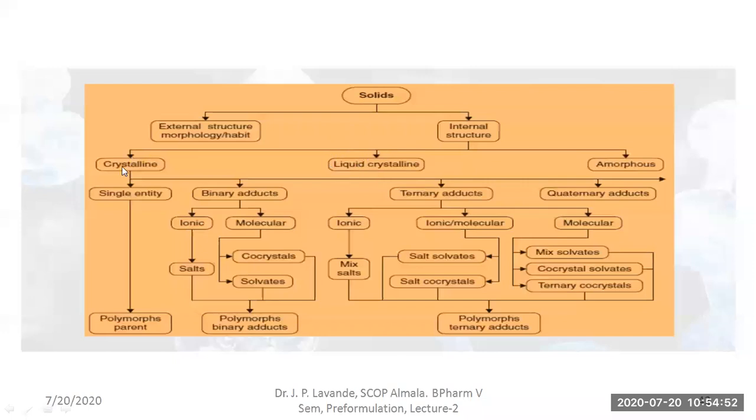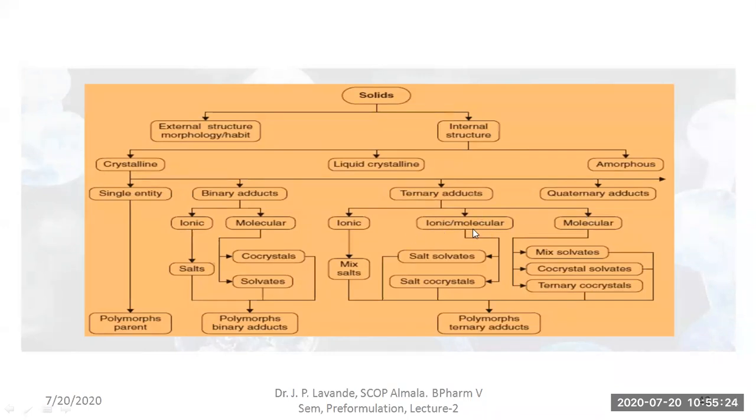If you see the crystalline form, there is single entity polymorphism, binary adduct polymorphism, ternary adduct polymorphism, quaternary adduct, and so on. Binary is further subdivided into ionic and molecular. Ionic is nothing but the salt, and molecular is nothing but the co-crystals and the solvates. The ternary adducts are further subdivided into ionic, ionic molecular, and molecular.